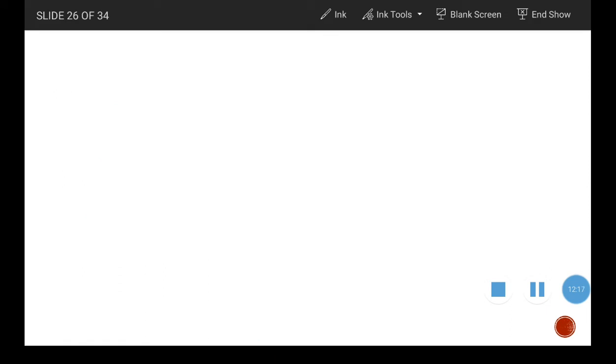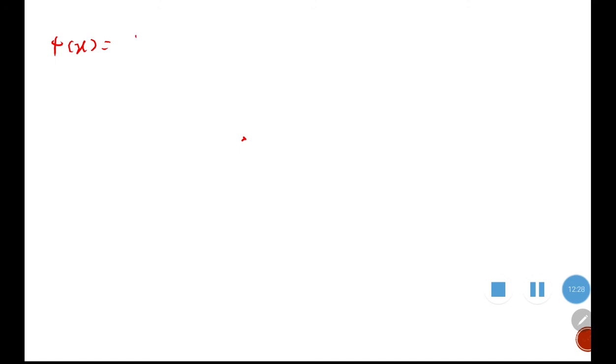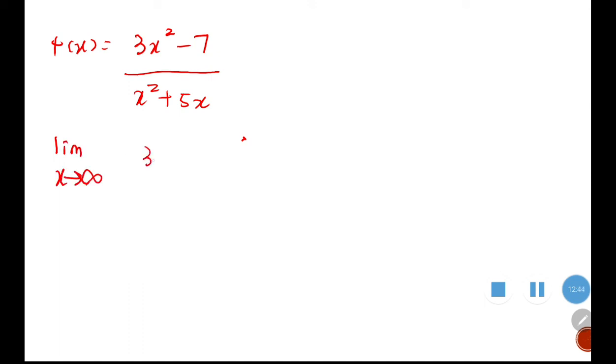Okay, so let's look at example 3 here. Sorry, it uses the same method as previously. What is the highest power in the denominator here? It is x squared.